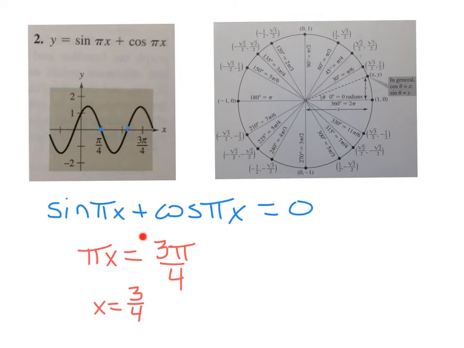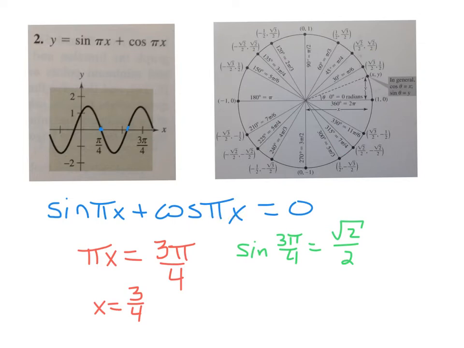So the sine of 3 pi over 4 equals radical 2 over 2. And then, of course, we'd have to plug this same value over here. So 3/4 times pi is still 3 pi over 4.